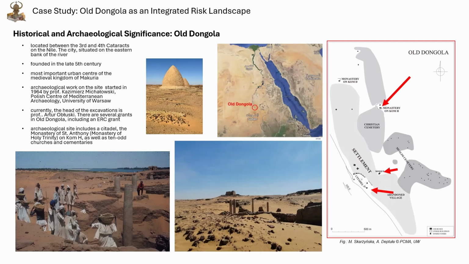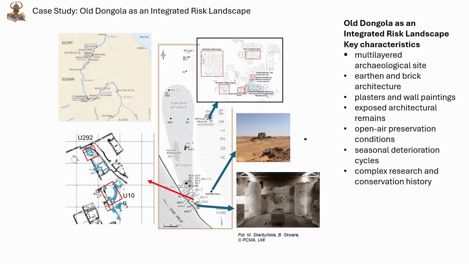But importantly, after this period, the city also became a major religious and political center of Islam. Here you can see a map of this archaeological site. So we have a part of the citadel and also part of a monastery, which you can see here.